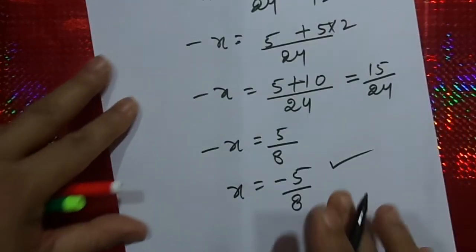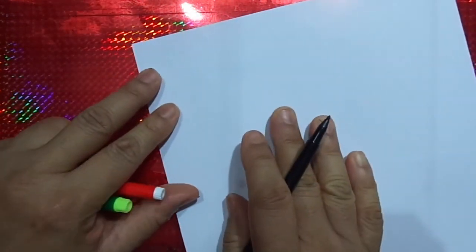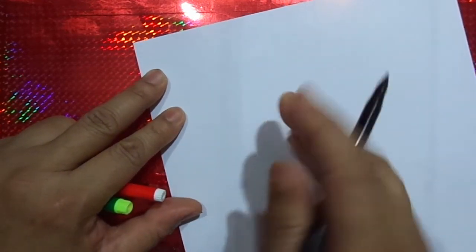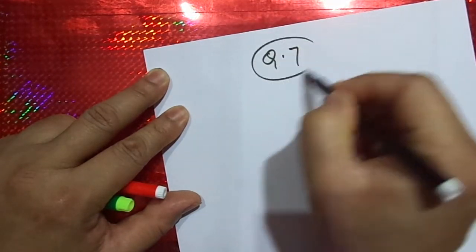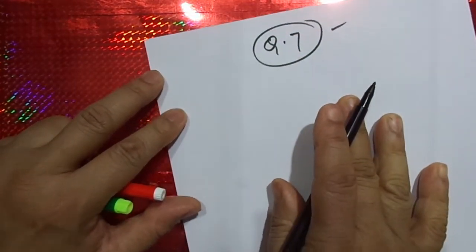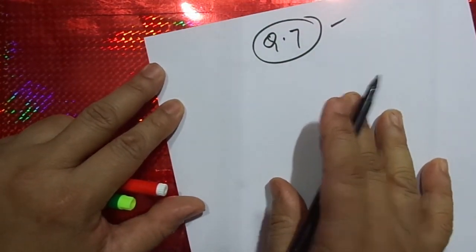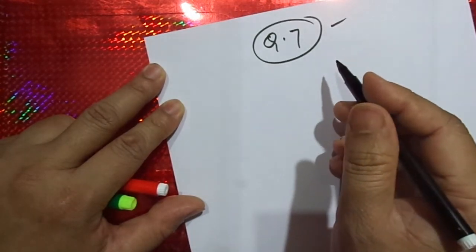Okay, now let's come to question number 7. I hope I have repeated question number 6, so that you should get a bit of practice and it gets into your brain properly.